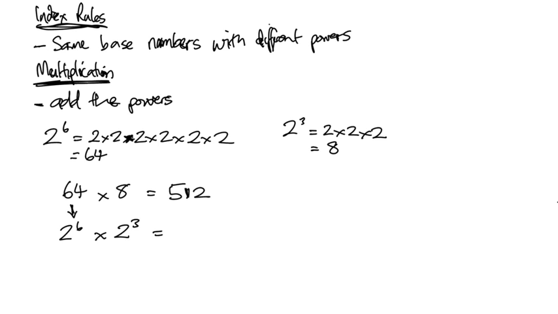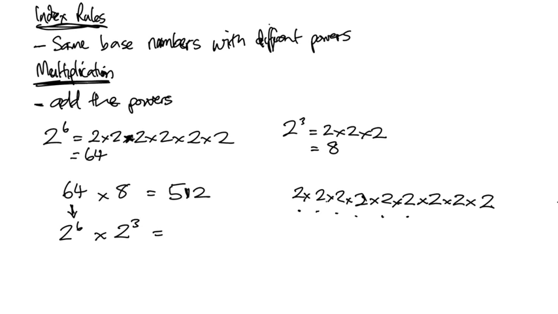Now what is 512 as a power of 2? Well, if we've got 64, which is 2 to the power of 6, 64 times by 2 is 128, 128 times 2 is 256, 256 times 2 is 512.